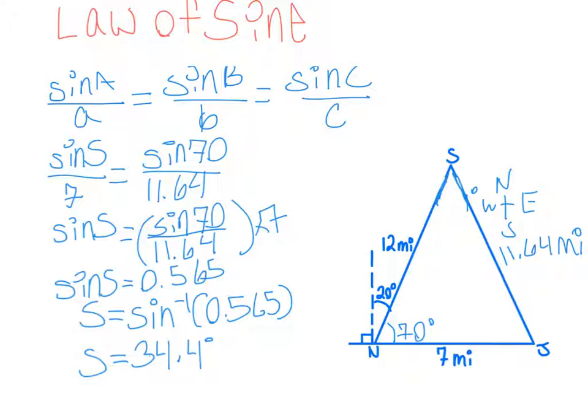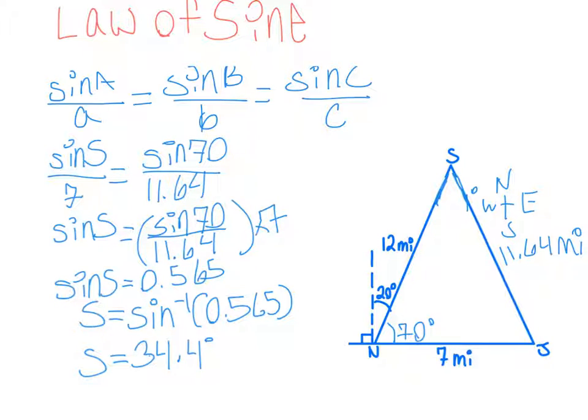The formula for the law of sines again is sine of angle A over a is equal to sine of angle B over b, which is also equal to sine of angle C over c. Although these variables don't match up with these, it still works, as long as you're using the sine of angle S over the side length of angle S. The same thing goes for N and J for B and C.